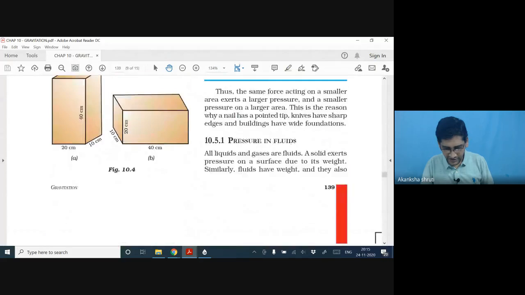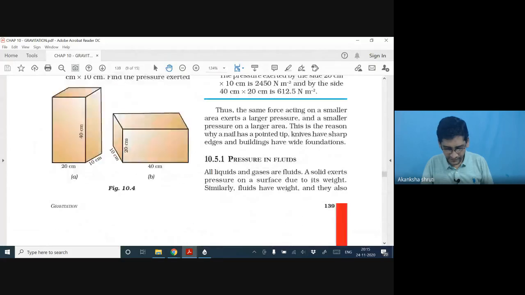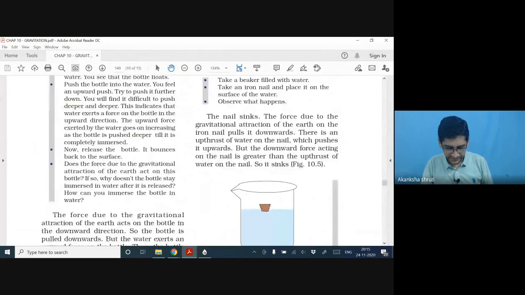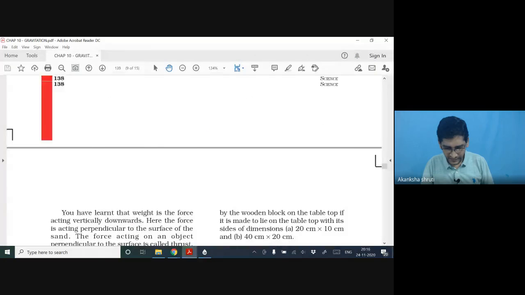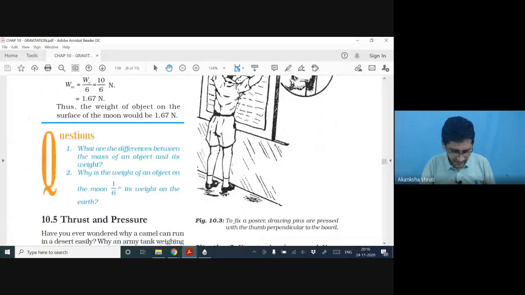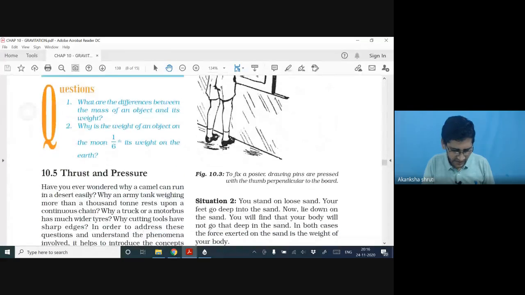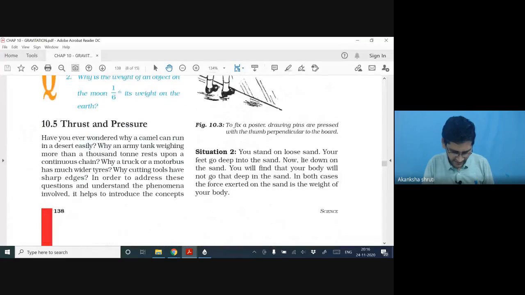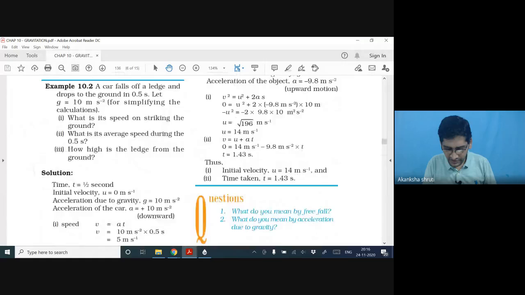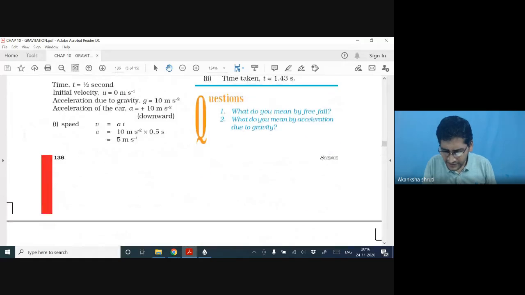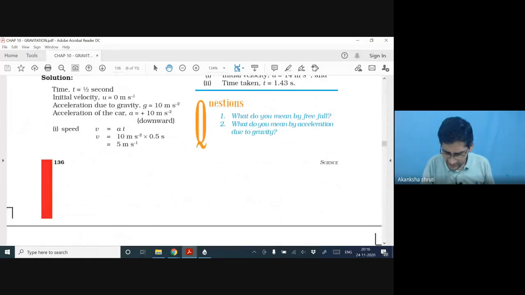Buoyancy is not required. This is based on weight and mass. One is on page 138, another is on page 136.